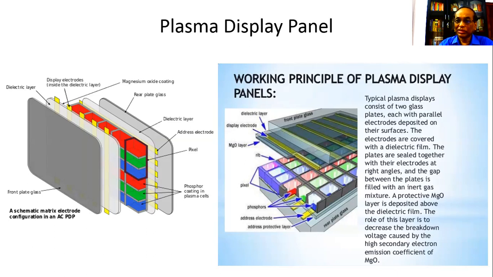The plates are sealed together with their electrodes at right angles, and the gap between the plates is filled with an inert gas mixture. That is what creates the plasma. A protective magnesium oxide layer is deposited above the dielectric film.